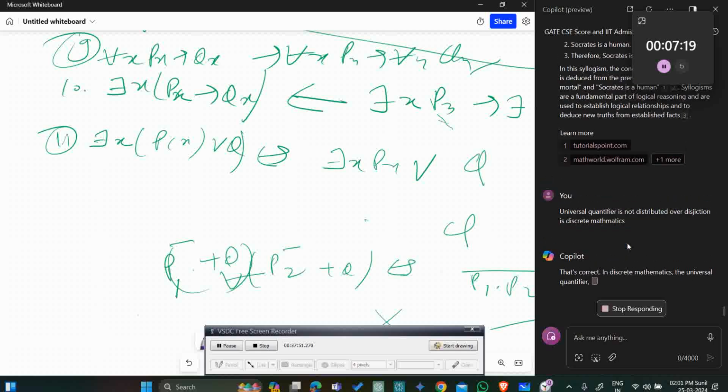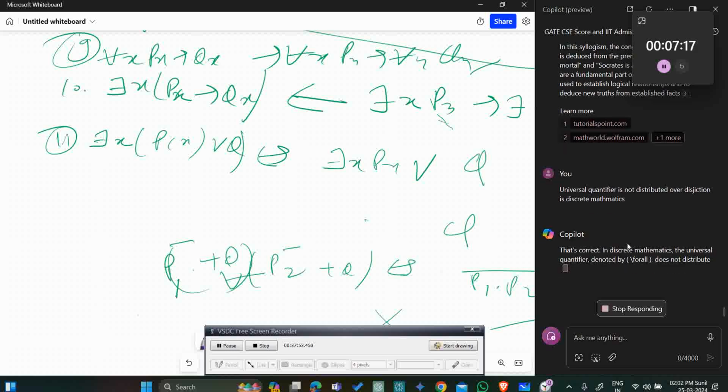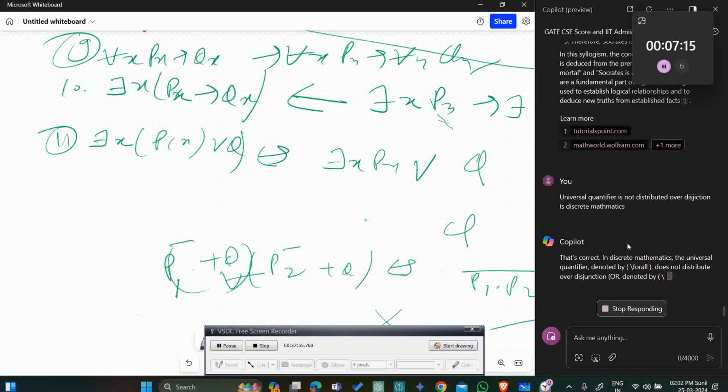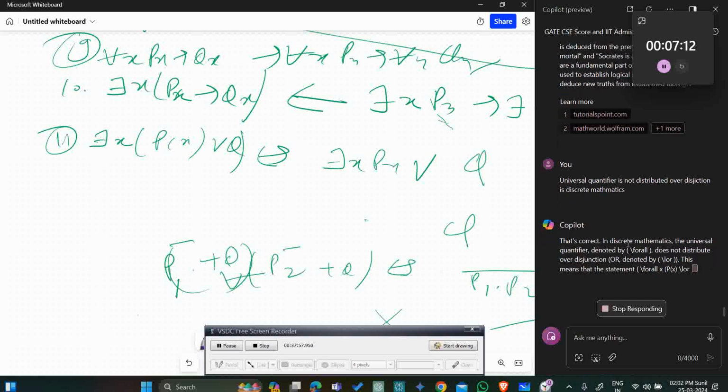According to the rules, the universal quantifier denoted by for all does not distribute over disjunction.